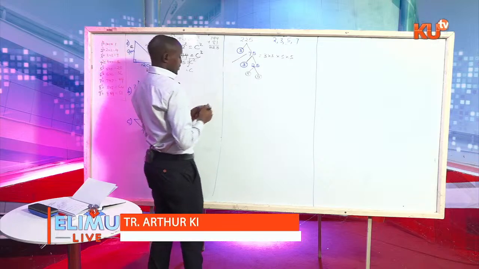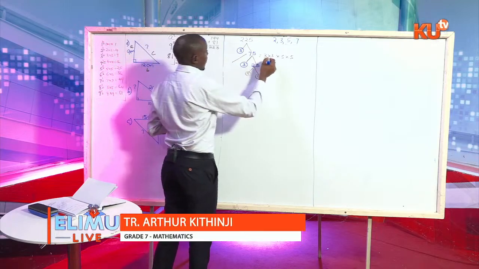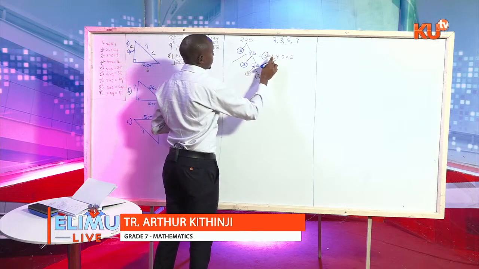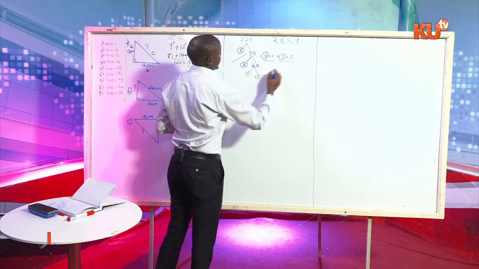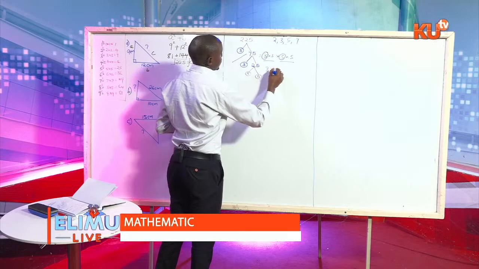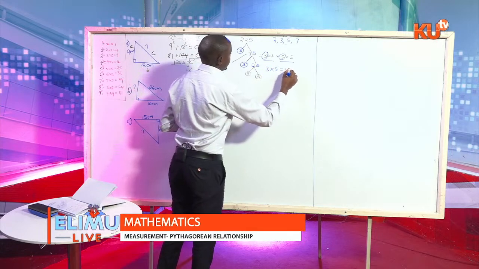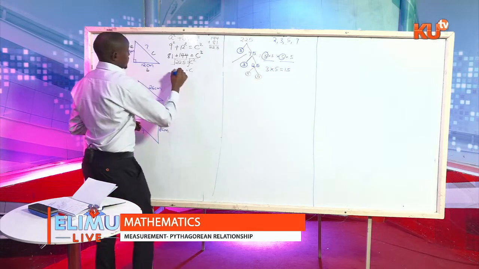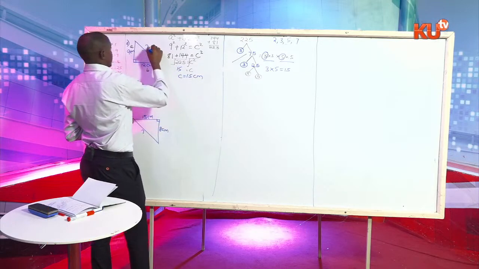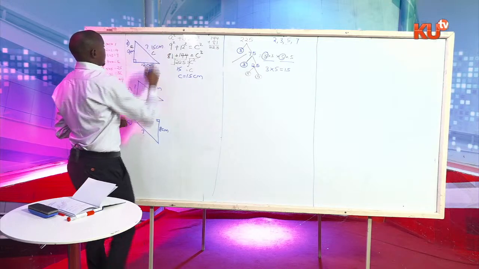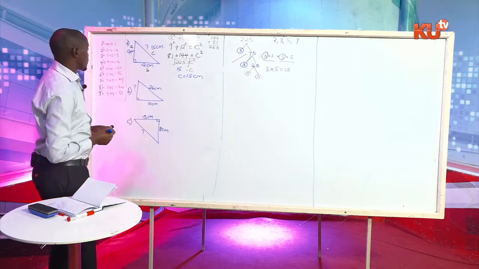For square root, we shall only pick one in this pair of 3s and one in this pair of 5s, which means the square root is 3 times 5, which is 15. Therefore, C is 15 centimeters. That's how we find the hypotenuse, which is missing.